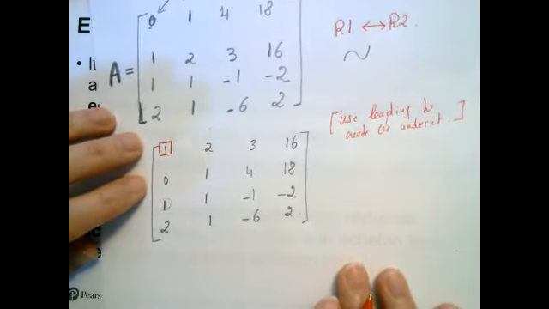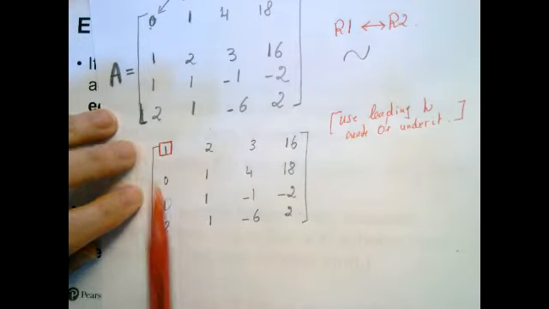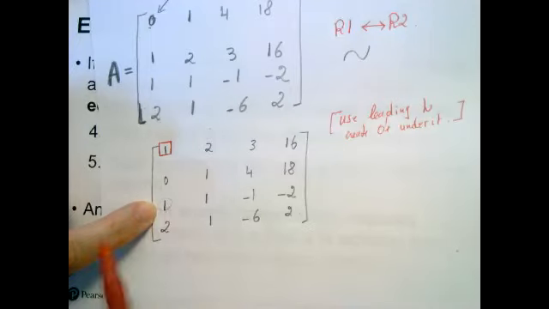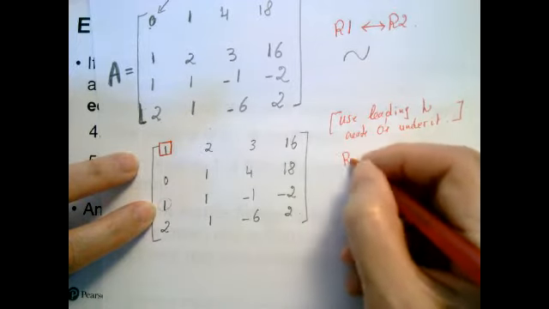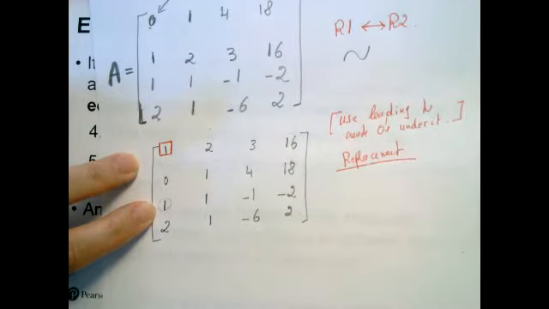Replacement. What do I mean by replacement? I'm going to multiply the first row by -1, add it to the third row. By doing this, I'm going to create a 0 in here. And then the result will be my new row 3. So we're going to do replacement. I'm going to write it in words and symbolically.